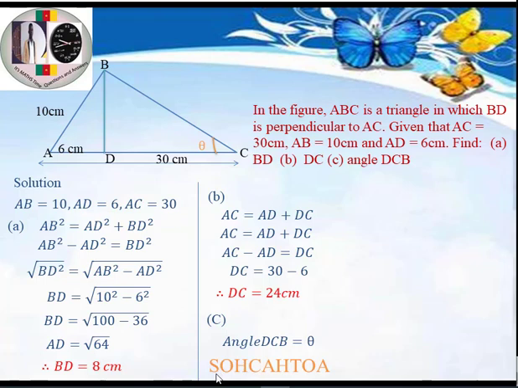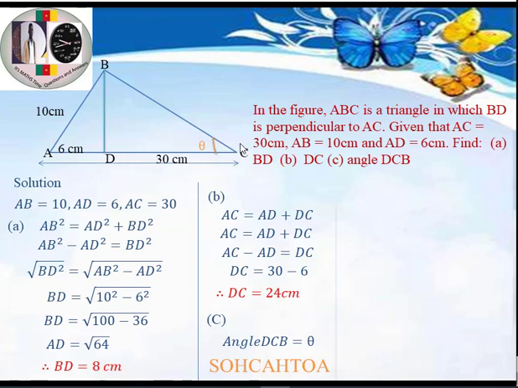That is, we won't consider sine and cosine because all of them have the hypotenuse. Or if you want to consider them, then you would first of all look for BC, but that will waste a lot of time when we have tangent here. Tangent is the opposite over the adjacent, and for this angle theta, the opposite to that angle is BD, and the adjacent to that angle is DC.